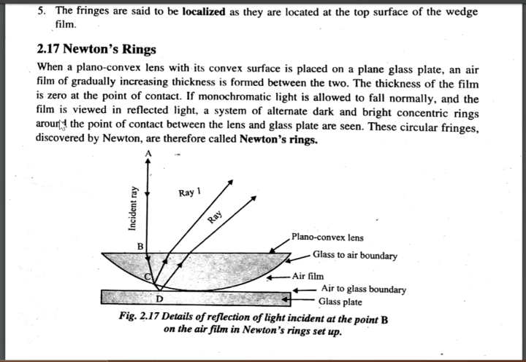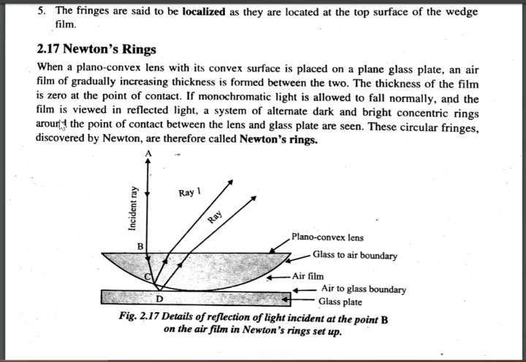If monochromatic light is allowed to fall normally and the film is viewed in reflected light, a system of alternate dark and bright concentric rings around the point of contact is seen.